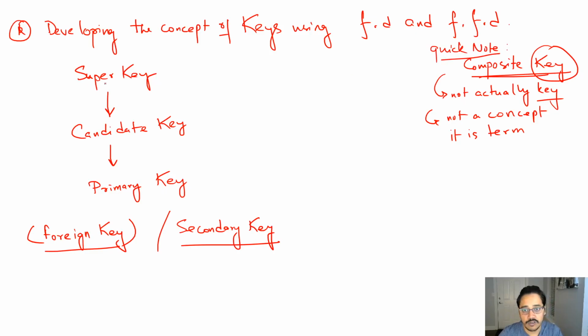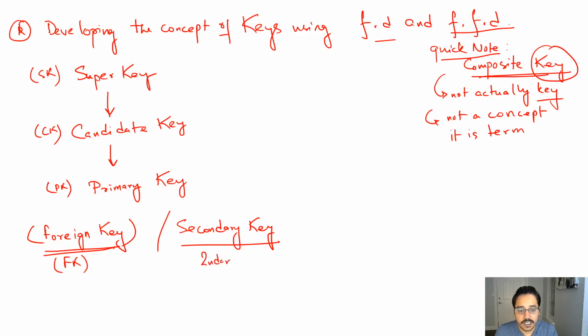The actual tree hierarchy, which is being developed using the mathematical concepts of functional dependency and full functional dependency, is restricted to the super key, the candidate key, and the primary key. And an extension of those three concepts is embedded within the foreign key and then the secondary key.